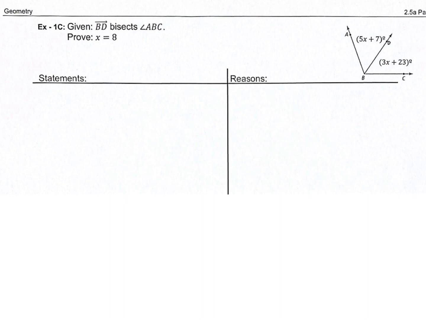Now, this time we're dealing with angles. So you've been given that ray BD bisects the angle ABC. So if that's the case, then I know that this angle is congruent to this angle. And I am trying to prove that x equals 8.